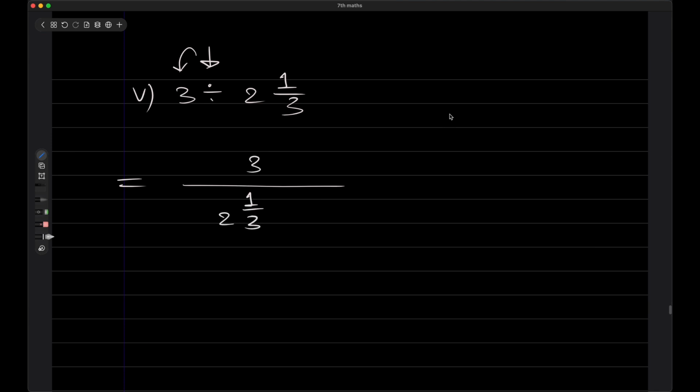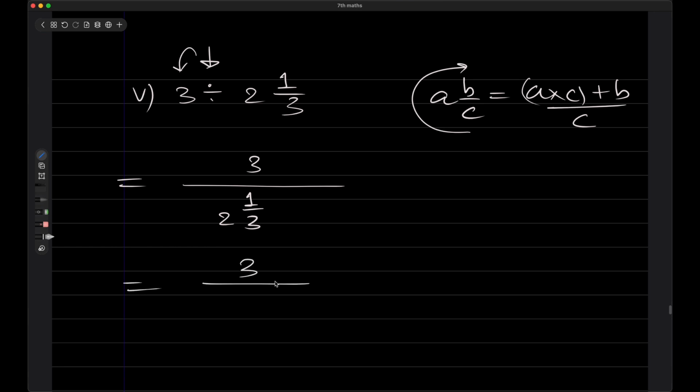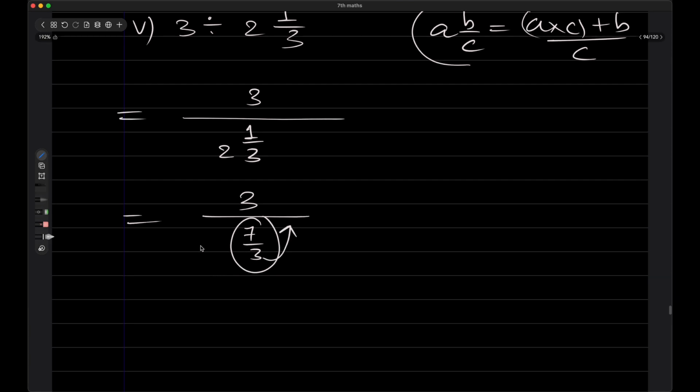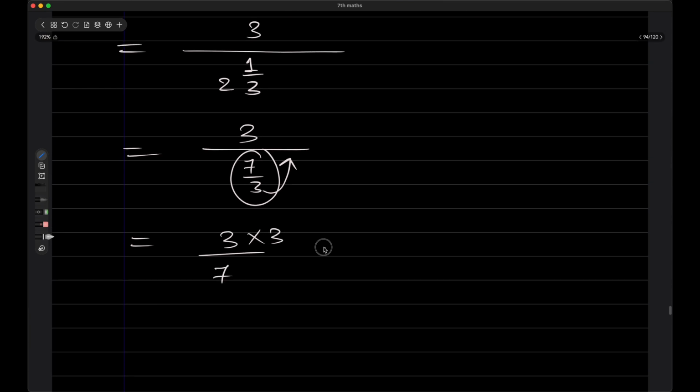Now we have to convert the mixed fraction to an improper fraction, that is a whole b by c to a into c plus b divided by c, that is 3 into 2 is 6 plus 1, 7 by 3. Now send the denominator to the opposite side of the division line, that is 3 as it is, 7 as it is, send 3 to the opposite side, that is equals to 9 by 7.